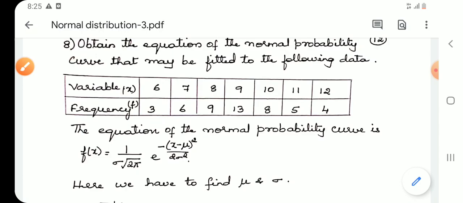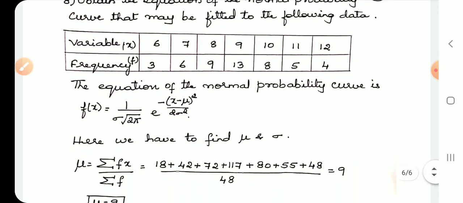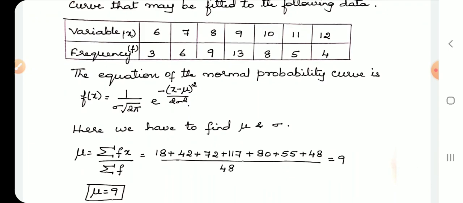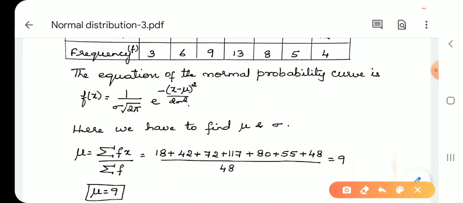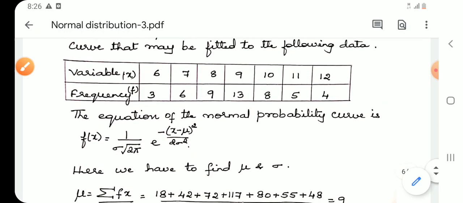We have already seen in the beginning of the normal distribution that the normal probability curve is given by the equation f of x is equal to 1 by sigma into square root of 2 pi into e power minus x minus mu whole square by 2 sigma square. So to write the normal probability curve, we have to find the value of mu and sigma. For that, we will be using the given table.